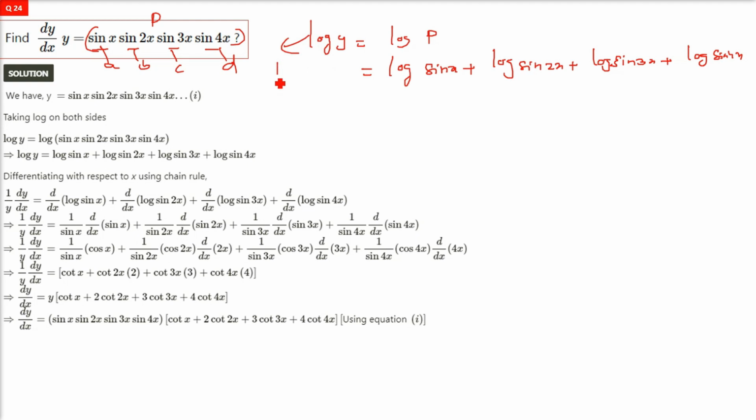So let us differentiate: 1 by y dy by dx. Y is going to go on the right hand side, so that will be the final one. I'm already showing you the final one.